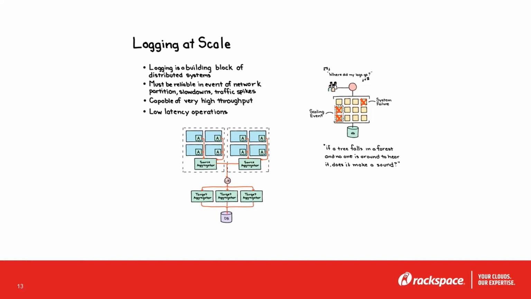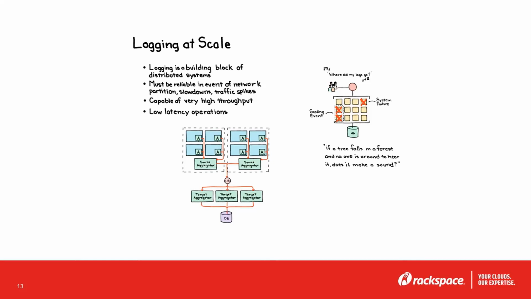The agents on individual systems take those logs and send them to a source aggregator, and that source aggregator then sends them to a back-end logging service, which may have a load balancer in front of it for load balancing across multiple instances.